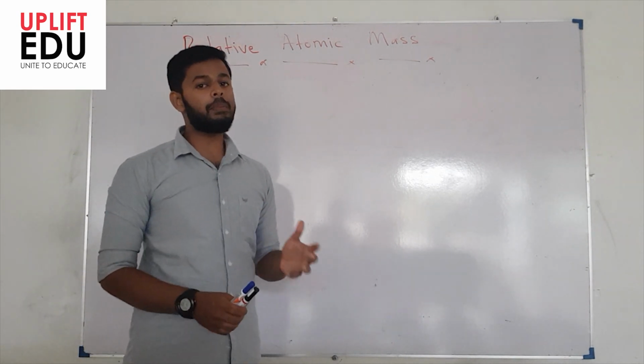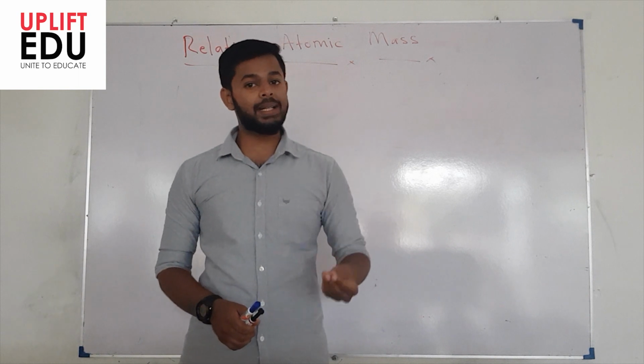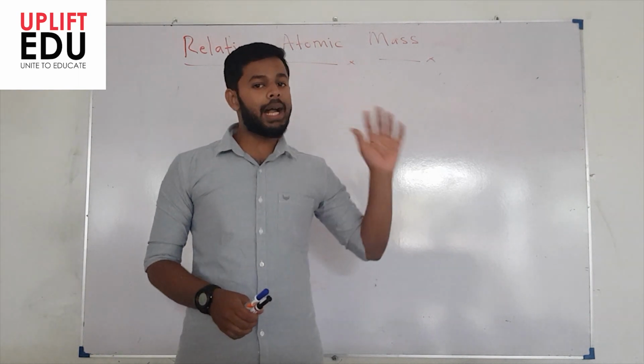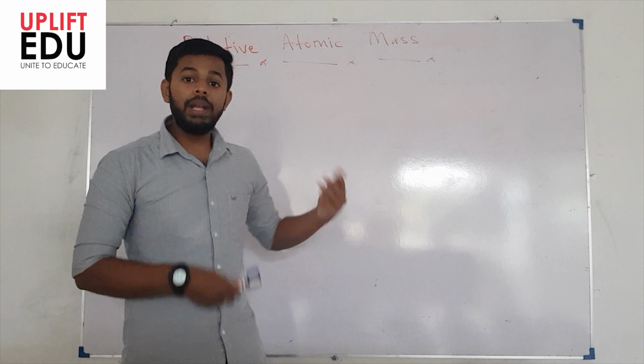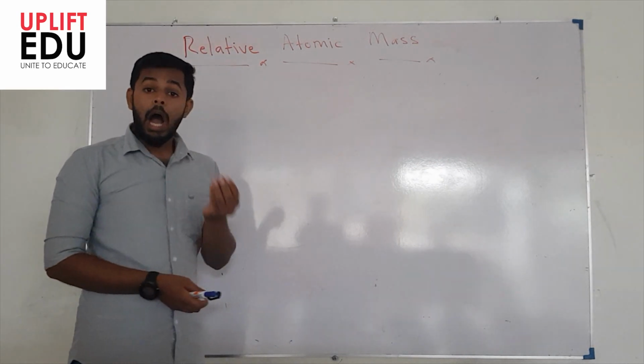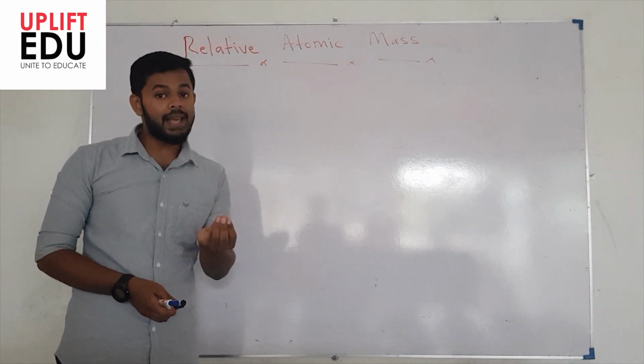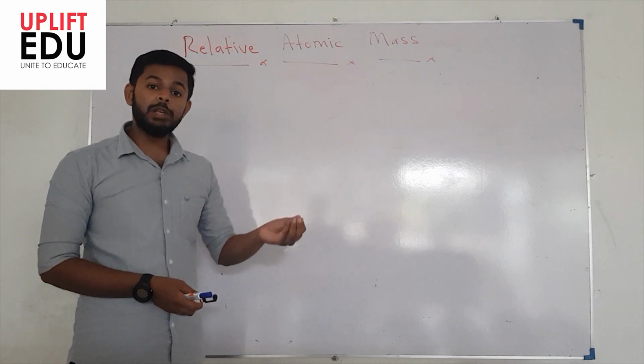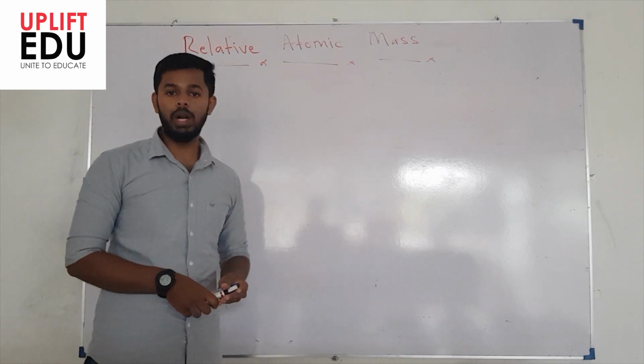Relative atomic mass is expressing the mass of an atom relative to an atomic mass unit, right? Or in other terms, we can say how much the mass of an atom weighs compared to 1/12 the mass of a 12 carbon isotope.